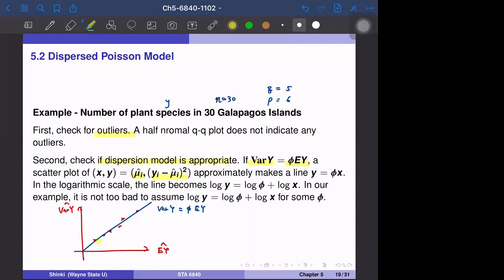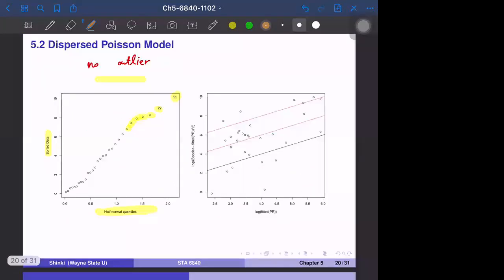Usually the x and the y are heavy-tailed, especially y, which is a count, so it is usually skewed to the right. So we take the logarithm. We think about the log of y and log of x, so that becomes log of y equals log of phi plus log of x.